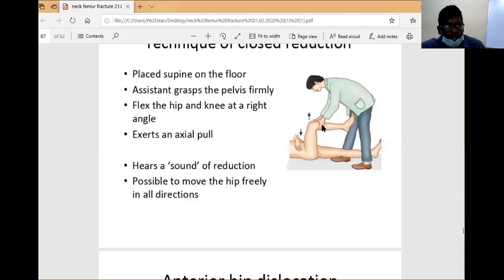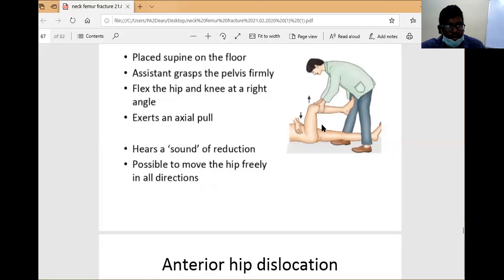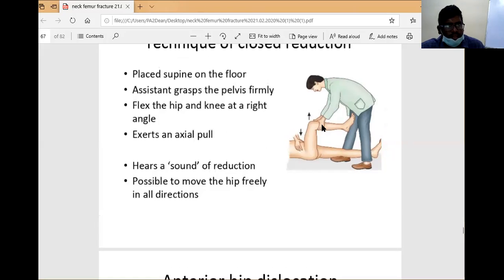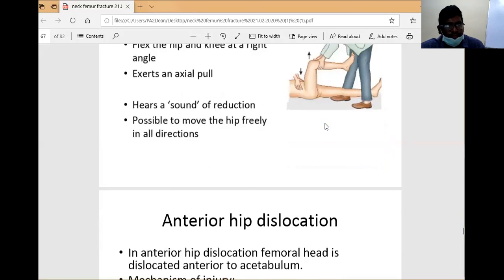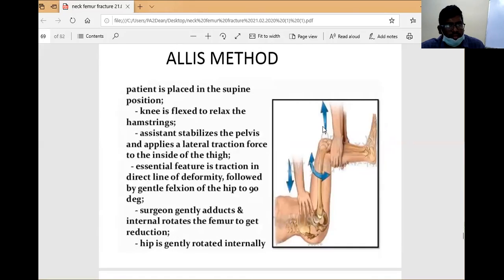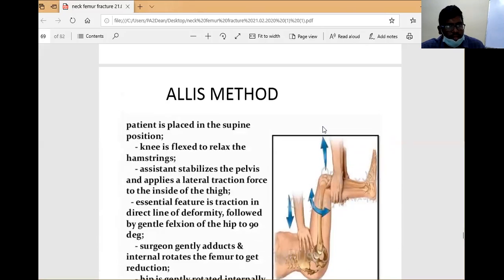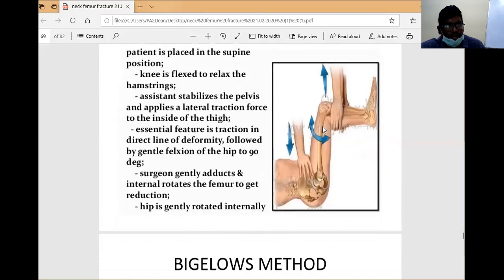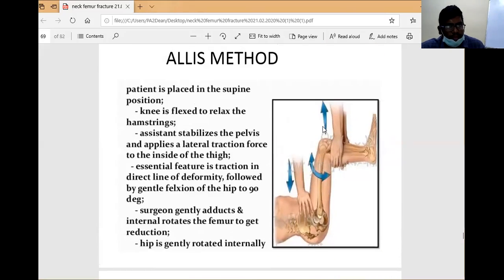You can hear a clunk sound after reduction, and the hip will freely move in all directions, and pain is decreased immediately after reduction. There are many methods of reduction: Allis method, Stimson's method, Bigelow's method, and lateral traction method. Out of these, Allis, Bigelow's and Stimson's are commonly used.